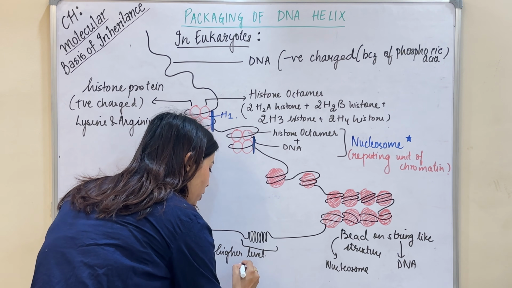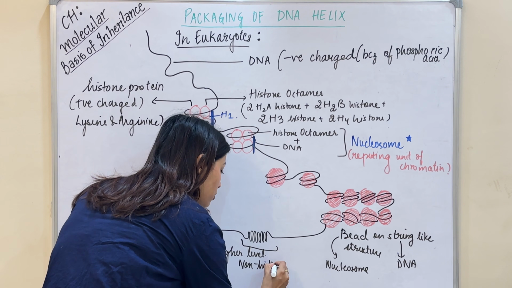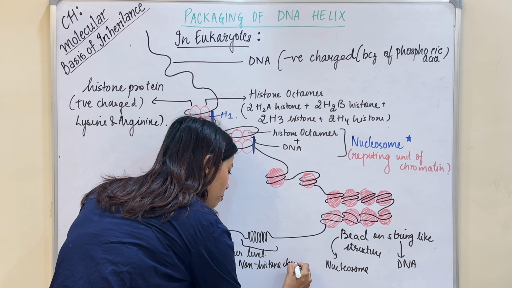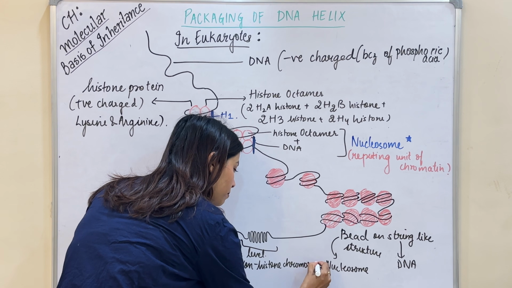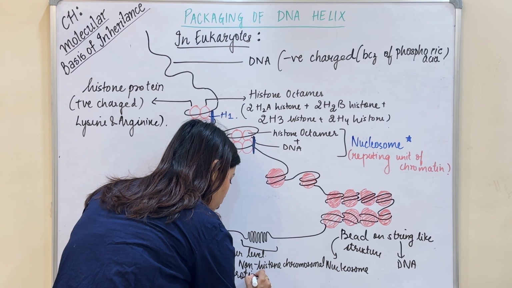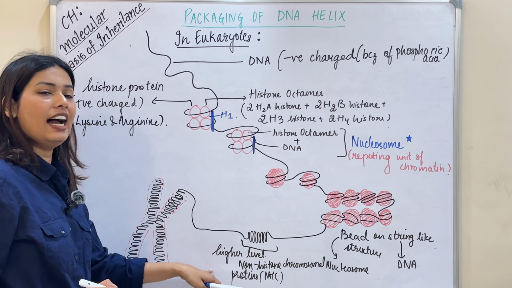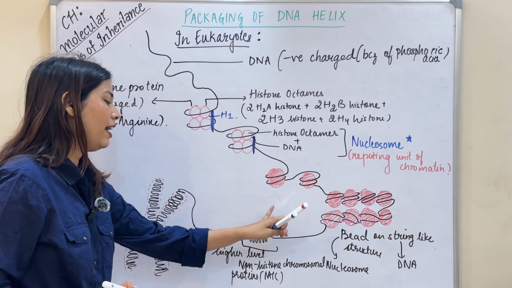At this stage, we can see the non-histone chromosomal proteins, which are NHC proteins. So they are visible at the higher level of chromatin packaging.